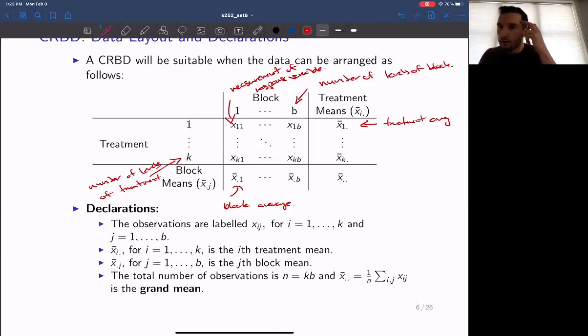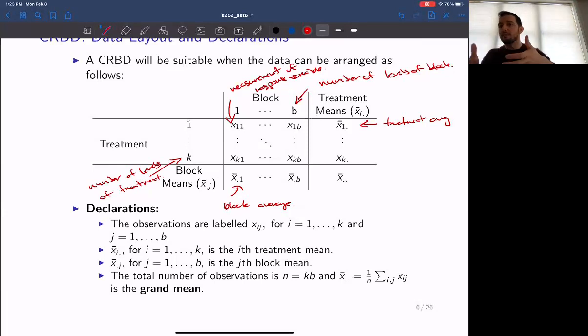So if you recall from our one-way ANOVA discussion, we have the SST, which is split into SS error plus SS treatment. And the SS treatment is just the difference between each treatment mean and the overall mean. Now we have a block mean. So the SS block, which I'll define in a little bit, is just the difference between each block mean and the overall mean.